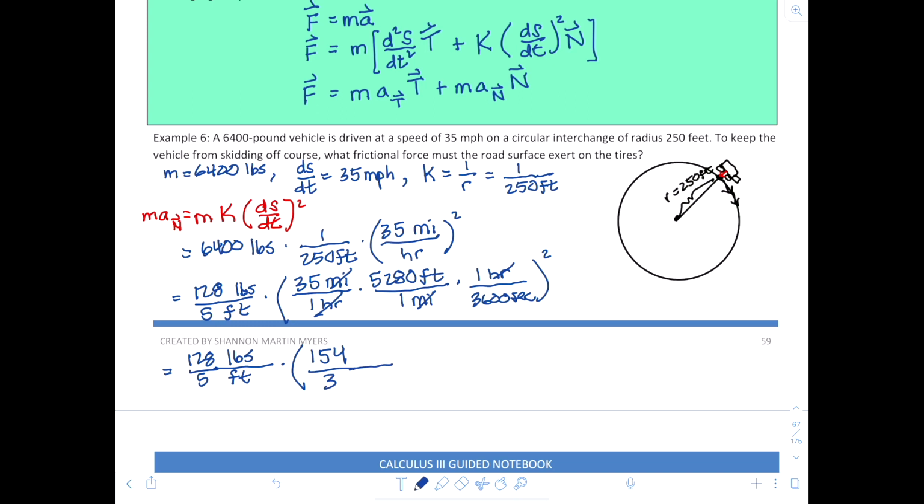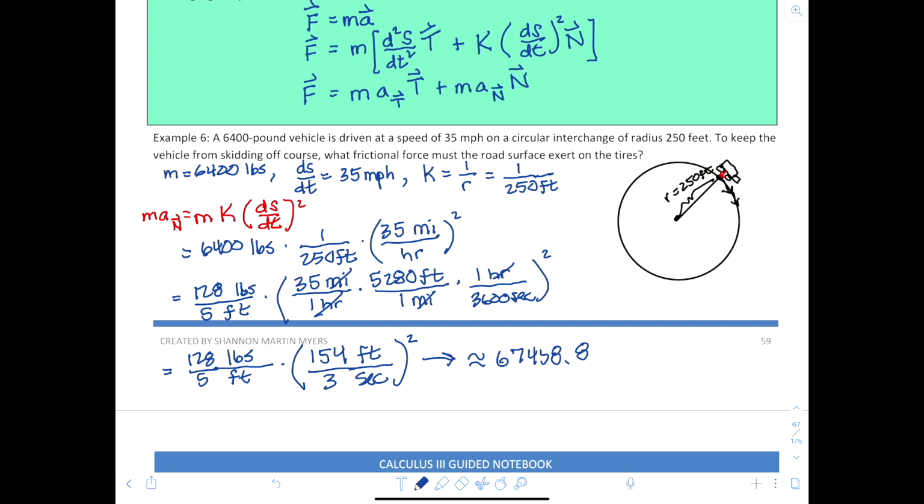And then that, of course, was in feet per second. And that's squared. 67,458.8.